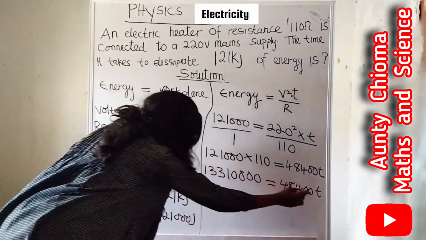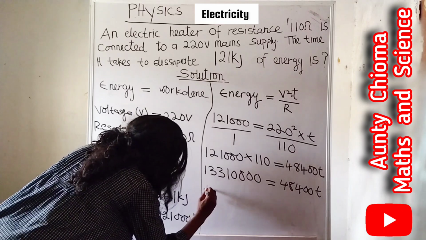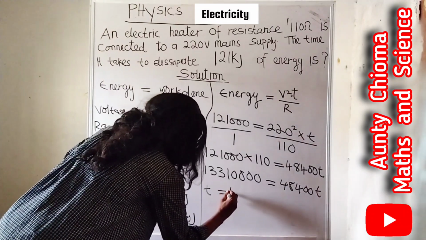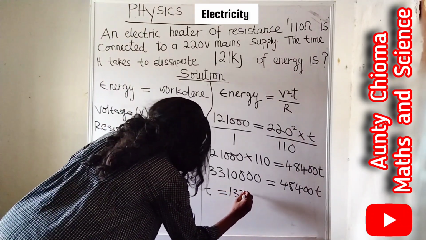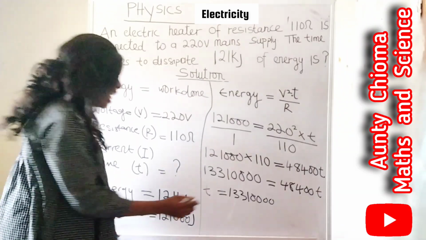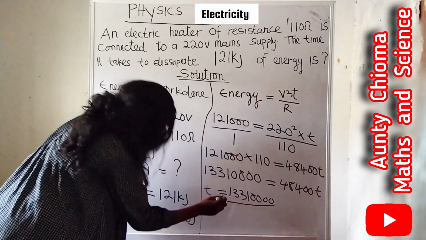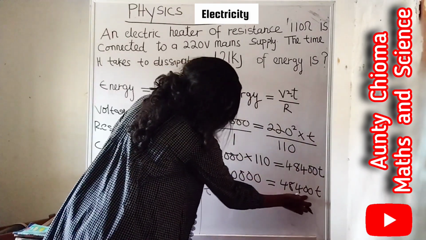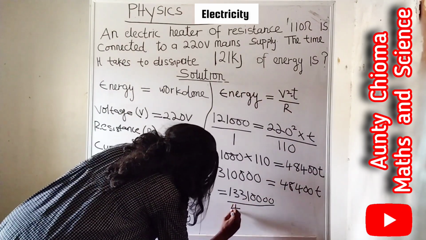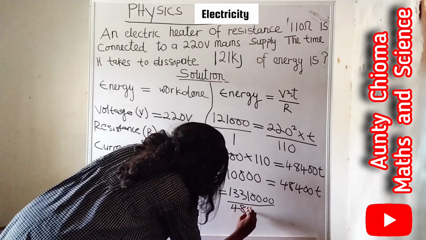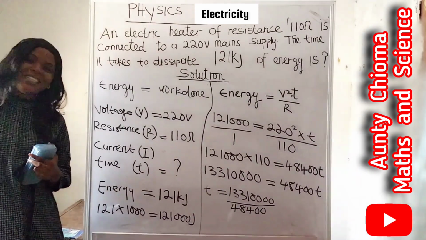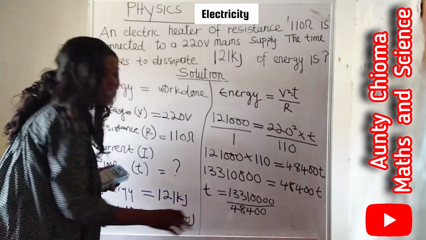So I will write t is equal to, I first of all write this number 1331000 divided by what? The number with t will come down and it will be divided by 48400. Hope you are following. If we evaluate it, it will give us what?